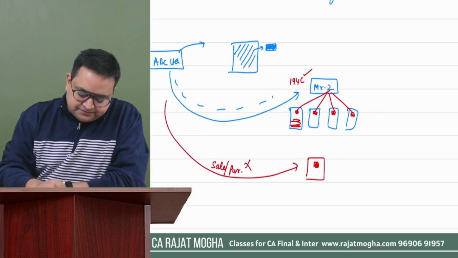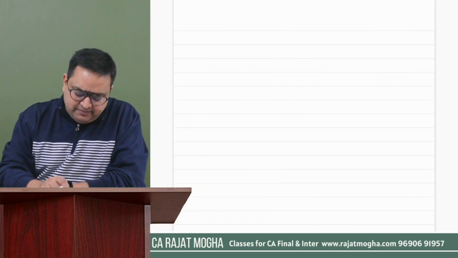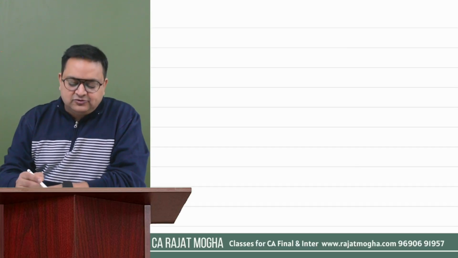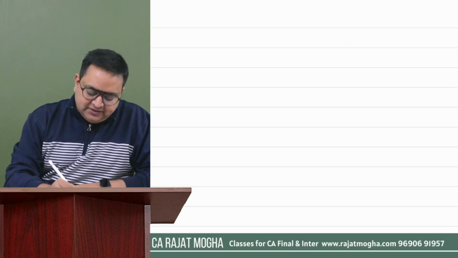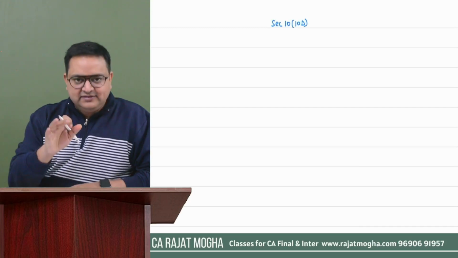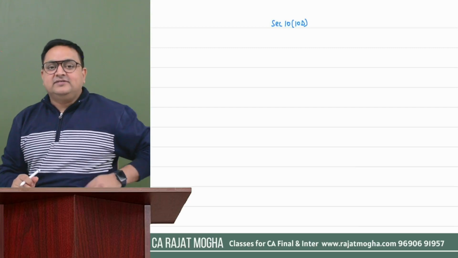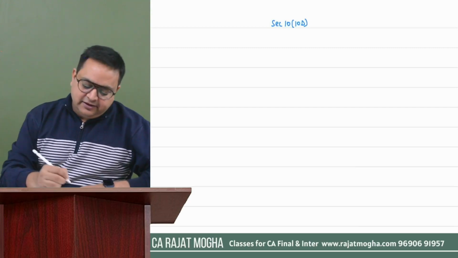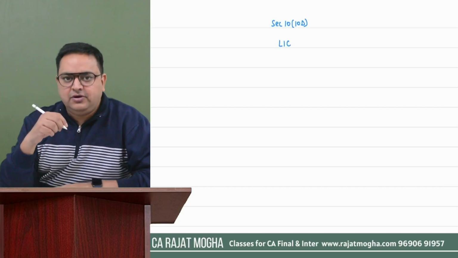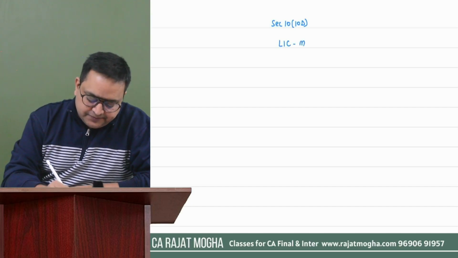And you know that I have discussed this at many places, even in IFOS also, and in the deduction chapter also. See, there is a section 10(10D). You don't have to remember this section, but there is a section on exempt income. It says that if you receive an amount on your LIC maturity, then it can be exempt.